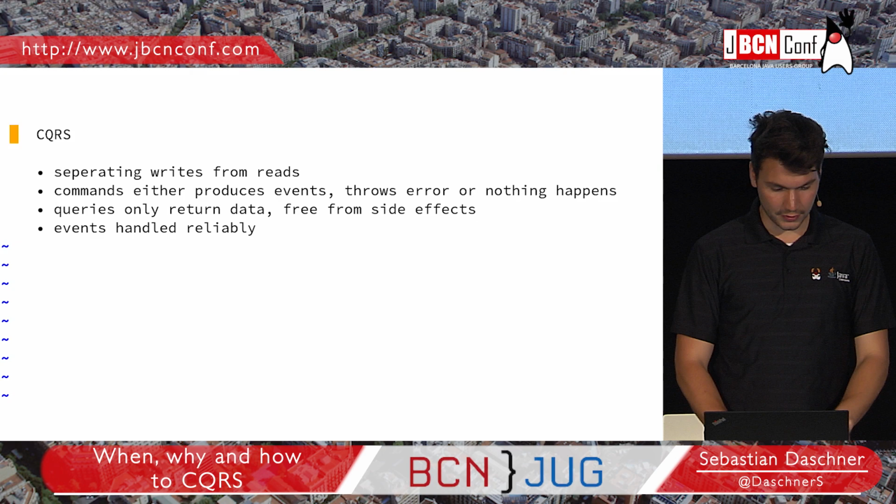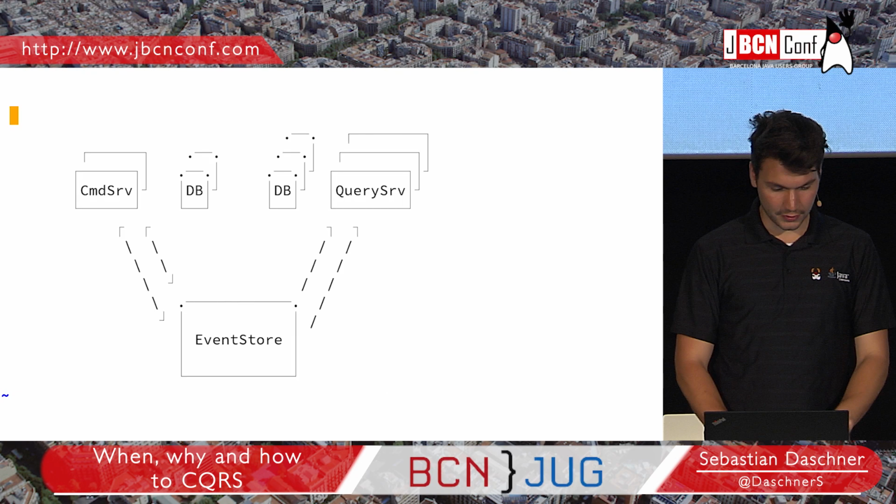And by separating that, you ensure that only the write side is allowed to change something, only the write side is allowed to issue new events, and the read side can only return something. Let me show you what that means for our system.